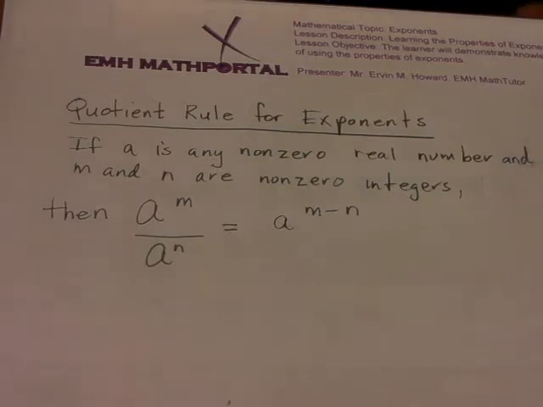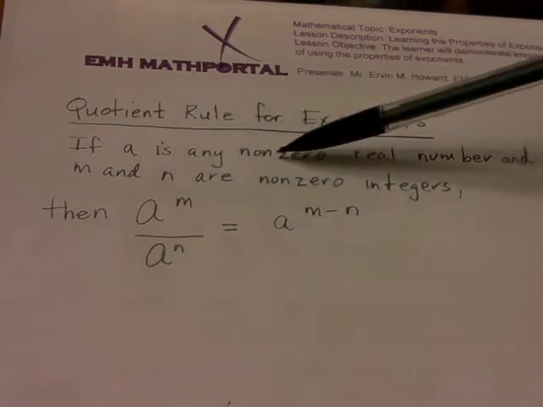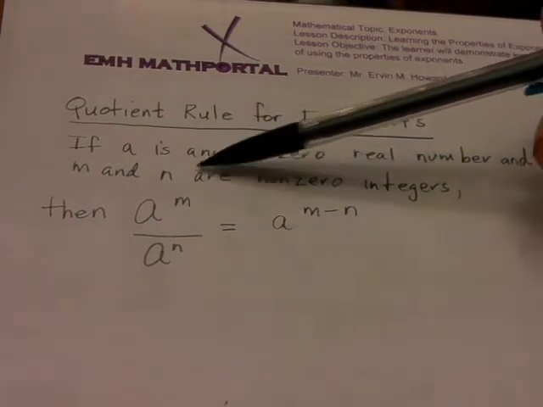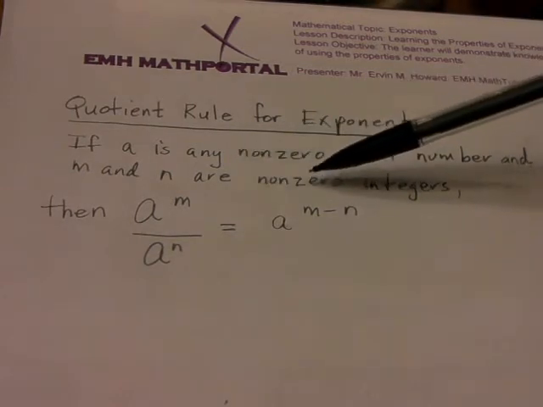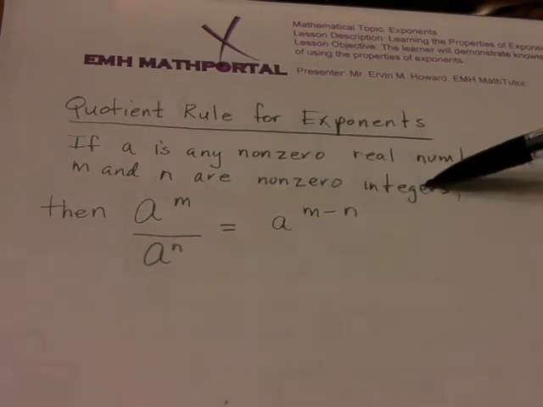Notice that we're still looking at A as the base, and this time A has to be a non-zero real number, and M and N are non-zero integers.